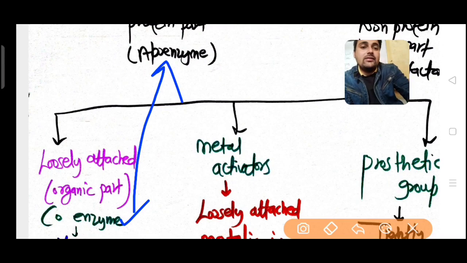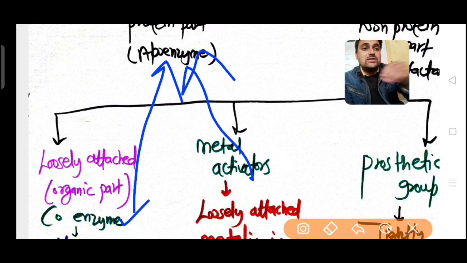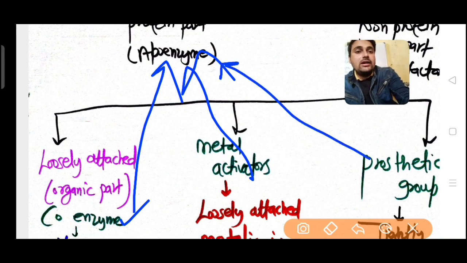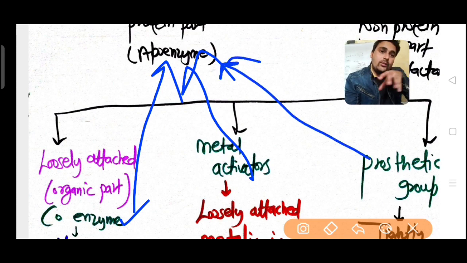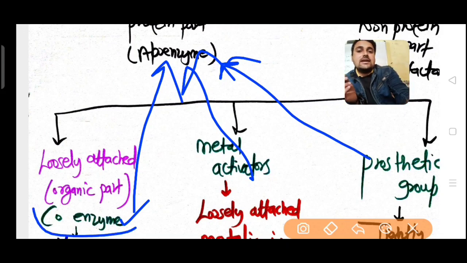The metal activator is also loosely attached with your apoenzyme. The prosthetic group is tightly attached with your apoenzyme. That is the main difference, because sometimes they will ask about the metal activator and give you the example of niacin. What category will niacin come in? Niacin will come in coenzyme.